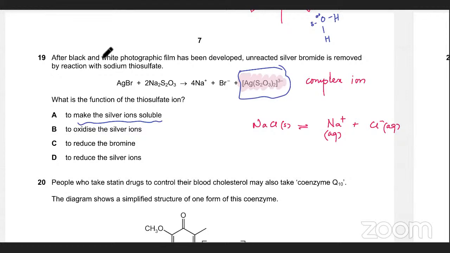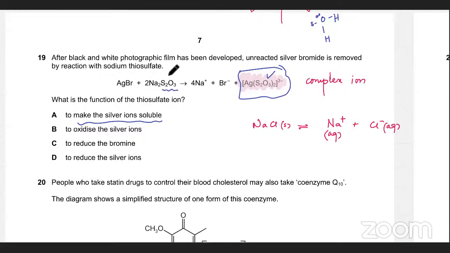He's saying the unreacted silver bromide is removed by reaction with sodium thiosulfate. So the whole role of sodium thiosulfate, or these S2O3 2- ions, was to make the silver ion soluble. They help in dissolving the silver ions. So that's the role that they are playing.